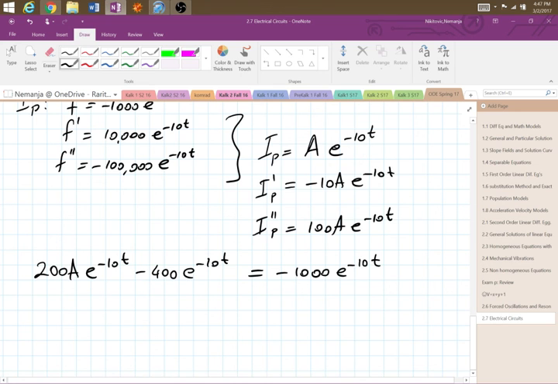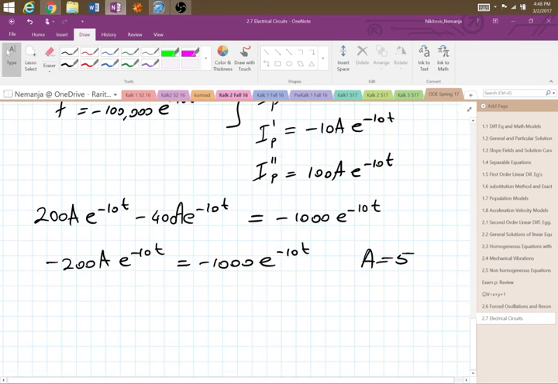From where we see this is negative 200a, I forgot the a over here. You have negative 200a e to the negative 10t equal to negative 1000 e to the negative 10t. Divide both sides by this, and a is equal to 5.